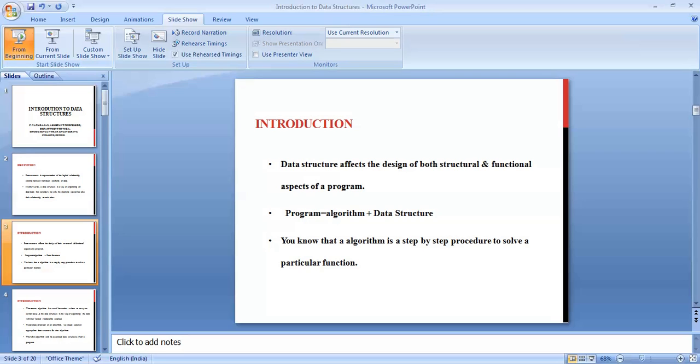These are all primitive data structures.